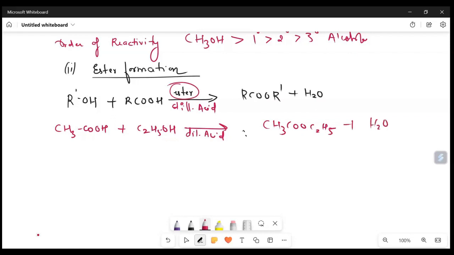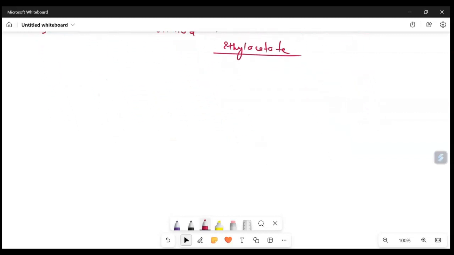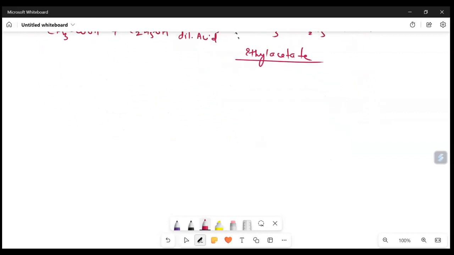So this is ethyl acetate. So this will be the reaction. We will go through the mechanism in our next videos of mechanisms.